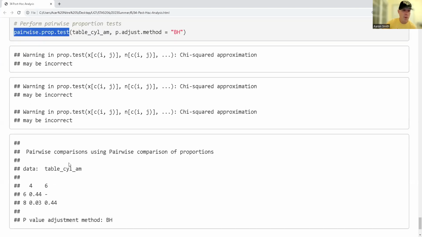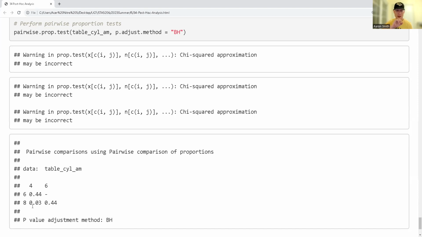Now, something that you'll notice is that this concludes at the 0.05 significance level. This concludes that 4 and 6 are equal proportions. Now, with this p-value, this concludes that 6 and 8 have equal proportions, but 4 and 8 do not.